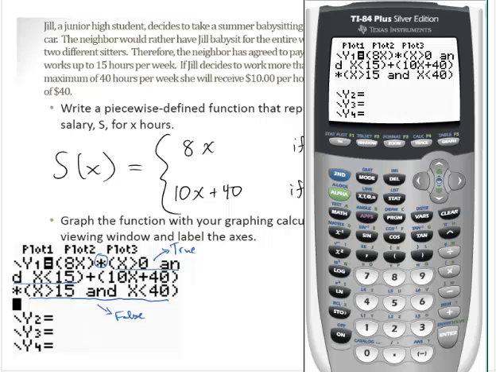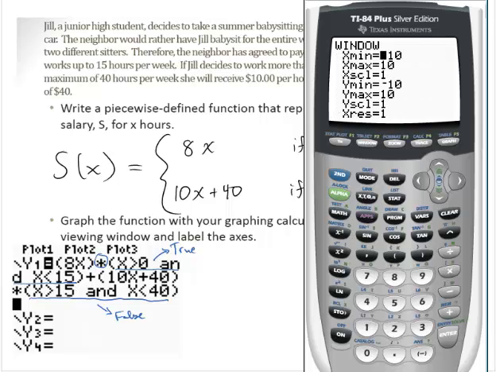So let's think of a reasonable window to use. Our x values go from 0 hours to 40 hours. Just to make the graph look nice, let's go from -5 hours, I know that doesn't make any sense, to 45 hours, and let's use a scale of 5s. And for our y values, that's dollars.